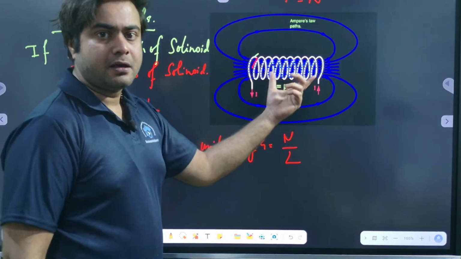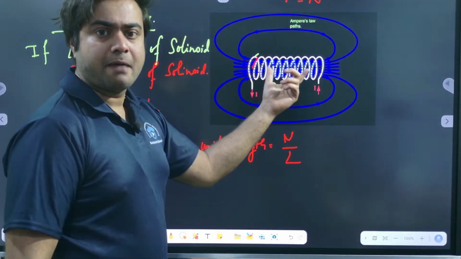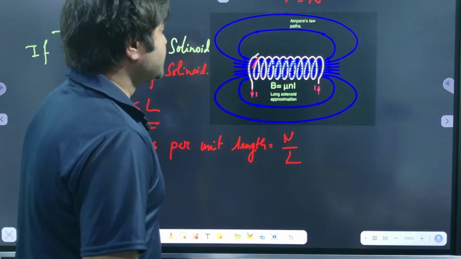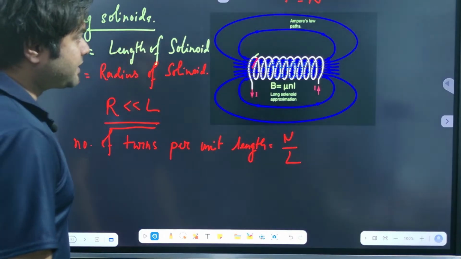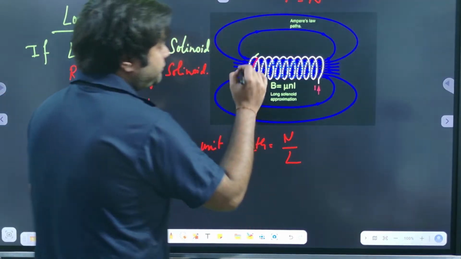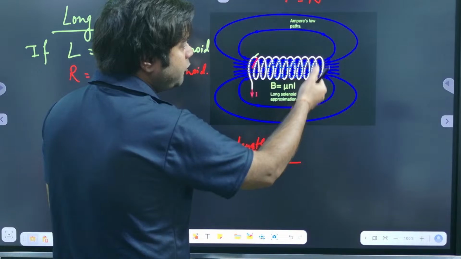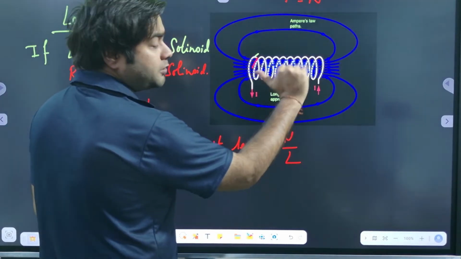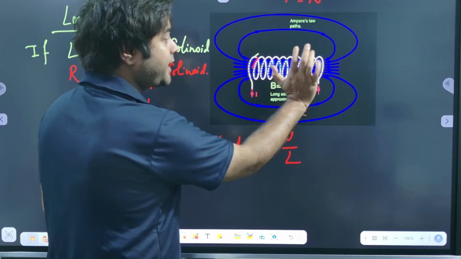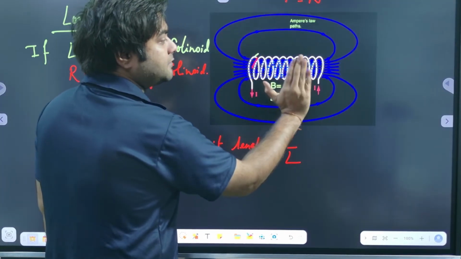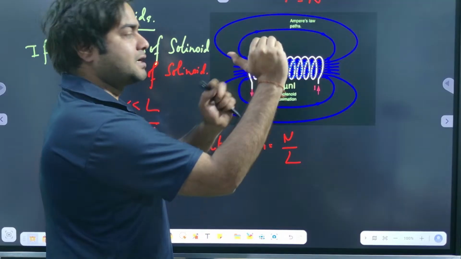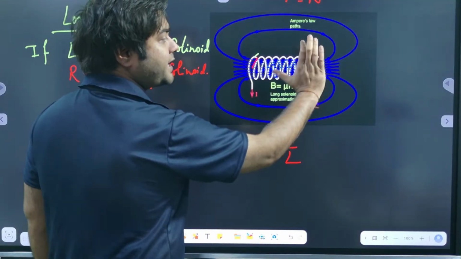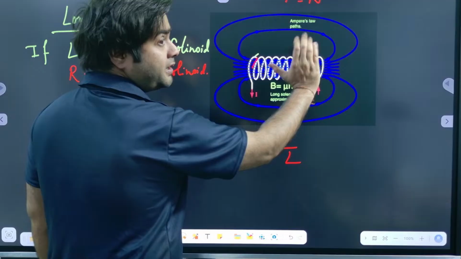ठीक है, अब देखो, इस केस में how we will apply the Ampere Circuital Law. Just see, I am considering first of all the flow of the current. यहां पे अगर देखोगे तो यहां पे हम जो एम्पियर्स का राइट हैंड थंब रूल है, आई एम यूजिंग द थंब रूल. देखो, this curl is basically representing the direction of the current.